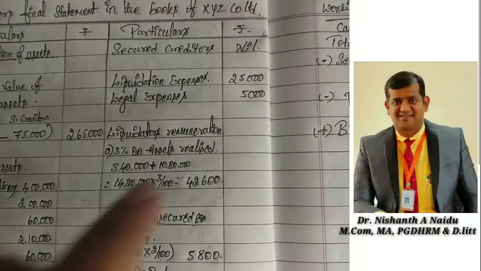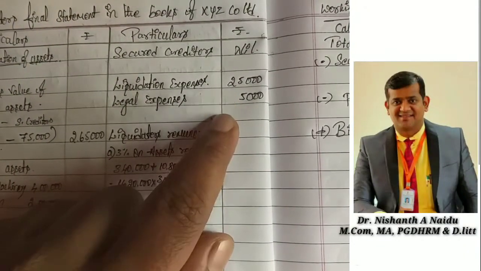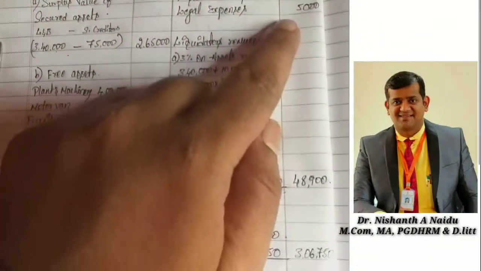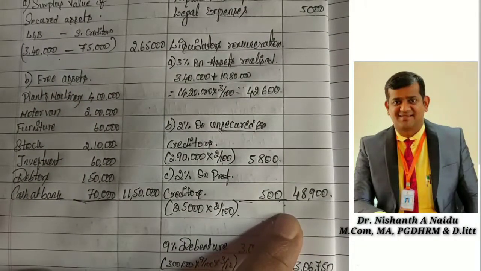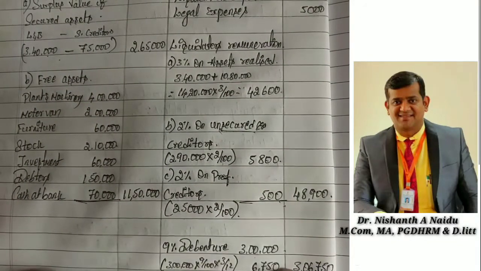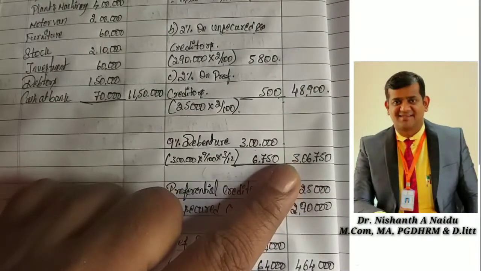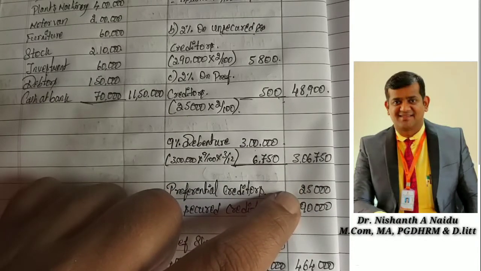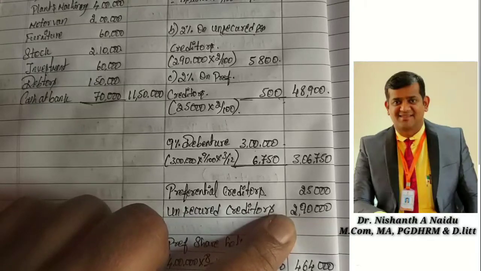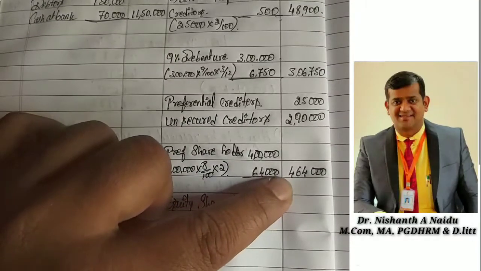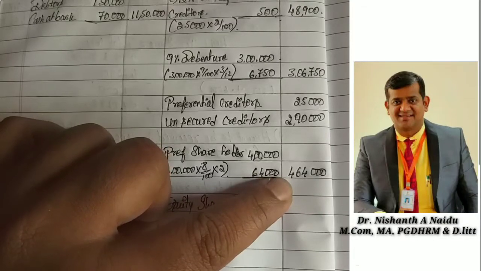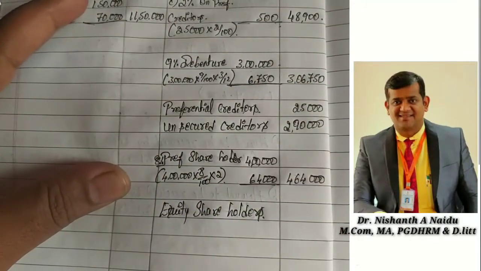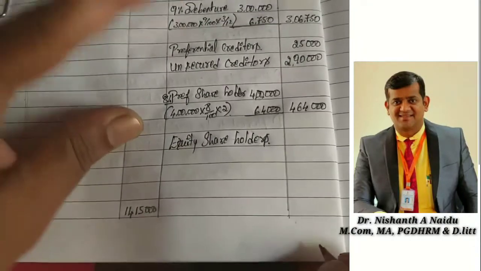So now in the payment side, how much we have paid? 25,000 plus 5,000, then we have 48,900. Then we have 3,06,750. Then we have 25,000. Then we have 2,90,000. Then we have 4,64,000. So total 11,64,650. So I'm writing here for reference again.